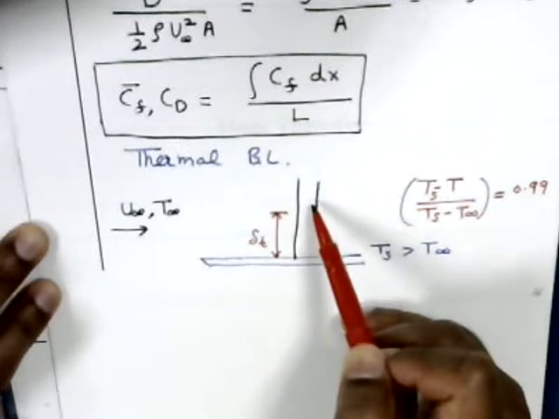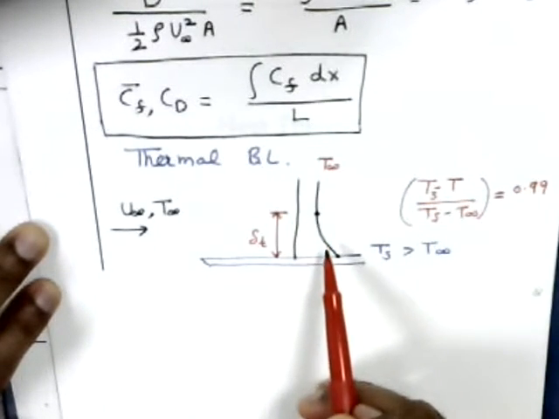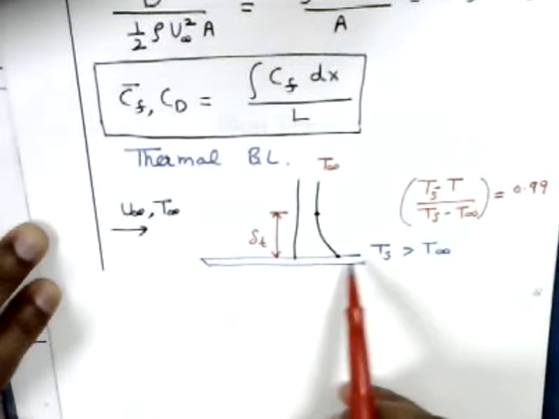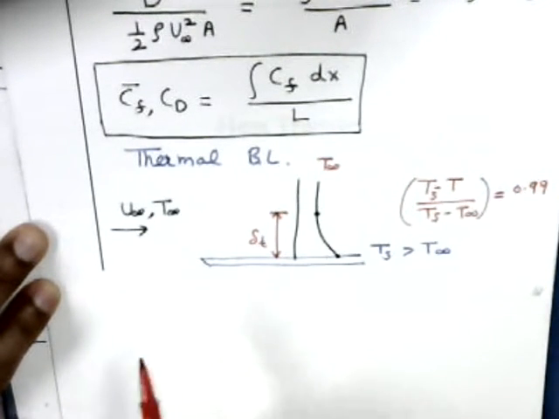It is going to approach T infinity very gradually. But in order to define the thermal boundary layer thickness in which the temperature gradient is confined, we take the point of 99%.